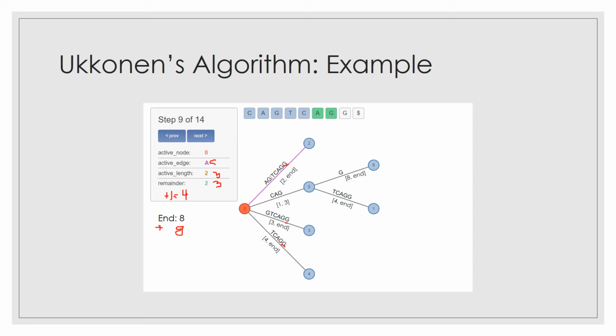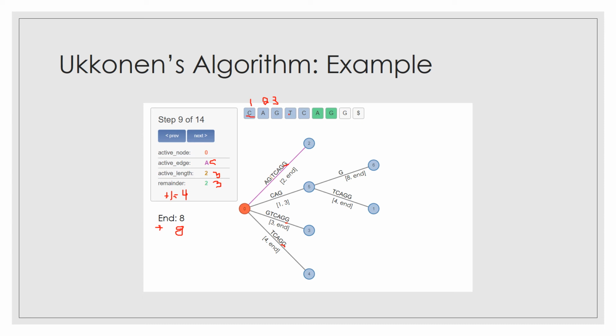So before we were at active edge C, and we were at 1, 2, 3, right? But now we need to add another G. When we're going to add another G, the fourth spot, the fourth length, was T, which couldn't work. So now we have to generate a split right here.